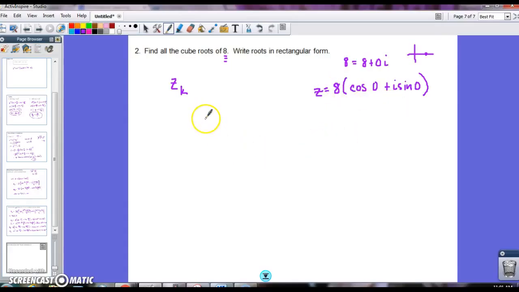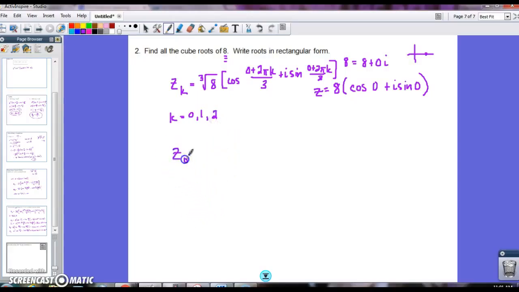So this would be 8 in polar form. And so when we do z sub k, we're doing the cube root of 8 because it says cube root. And then I'm going to do this one in radians. So we have cosine of 0 plus 2 pi k over 3, because it's cube root, plus i sine of 0 plus 2 pi k over 3. And our k values are 0, 1, and 2.